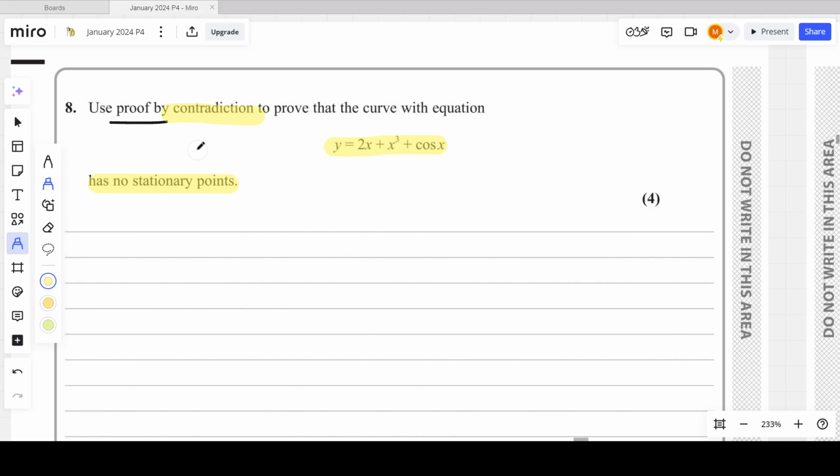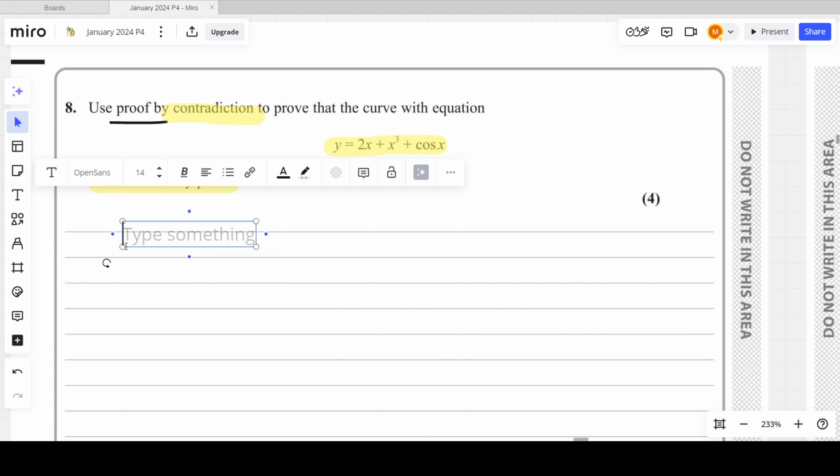So in question number 8, in that context, they have asked for no stationary points, right? So what will we assume? We will assume the opposite thing as true. What's the opposite thing?